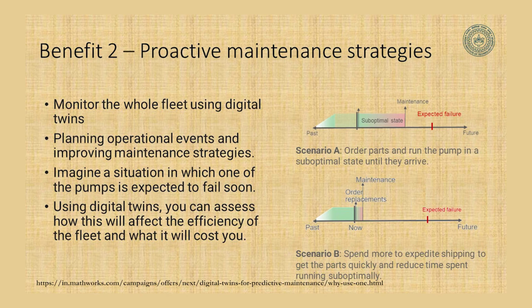So, you have seen some noise in the CNC milling machine, and based on that you are running at a lower productivity. But now, because you have the digital twin, you can order replacements in advance and you do not have this suboptimal state, or you reduce that suboptimal state. Make sense?